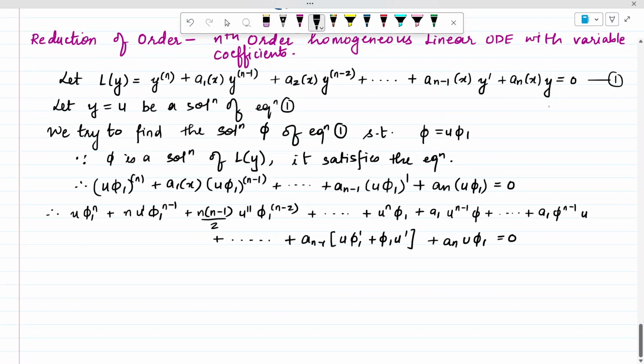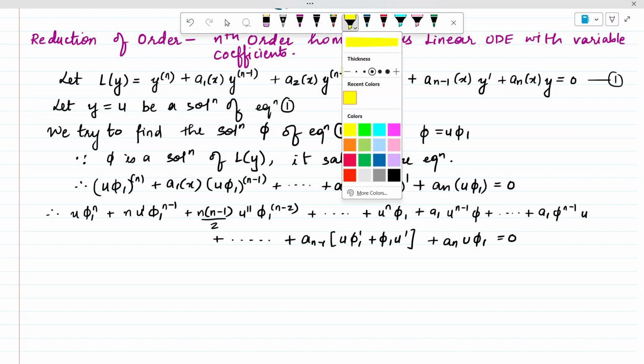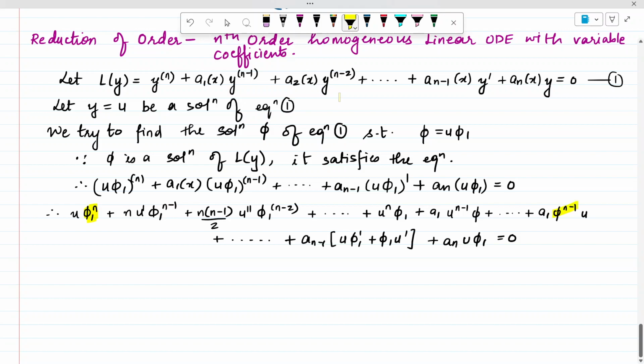So let's look at the coefficient of u now, only the coefficients of u. So when I look at the coefficients of u, the first one is here. The next coefficient of u is here, with A1 of course. And then you have the next coefficient of u is here, and next coefficient of u is here.